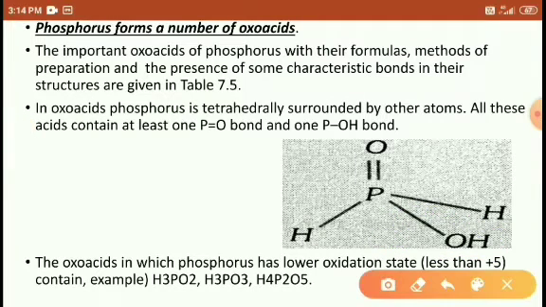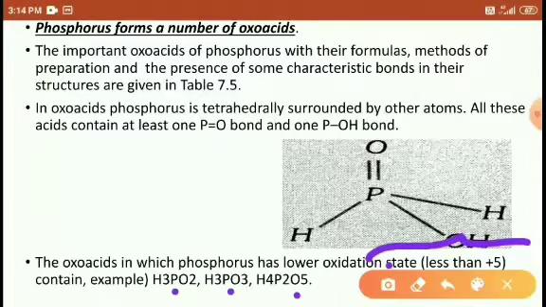Students, oxoacids with a lower oxidation state, less than 5, include for example H3PO2, H3PO3, H4P2O5. These are all species exhibiting an oxidation state less than 5.